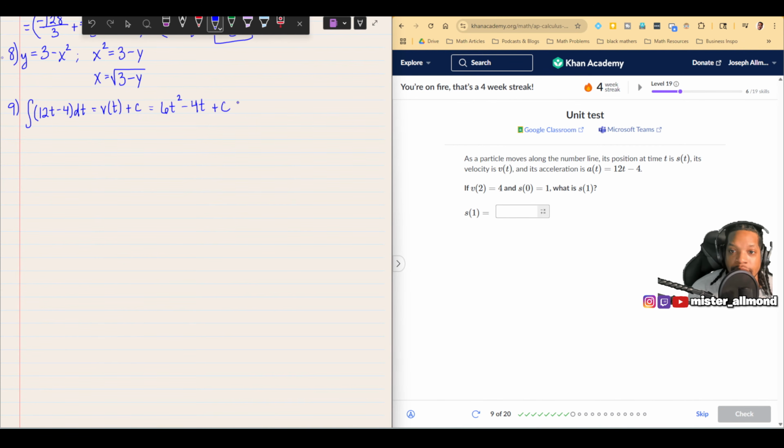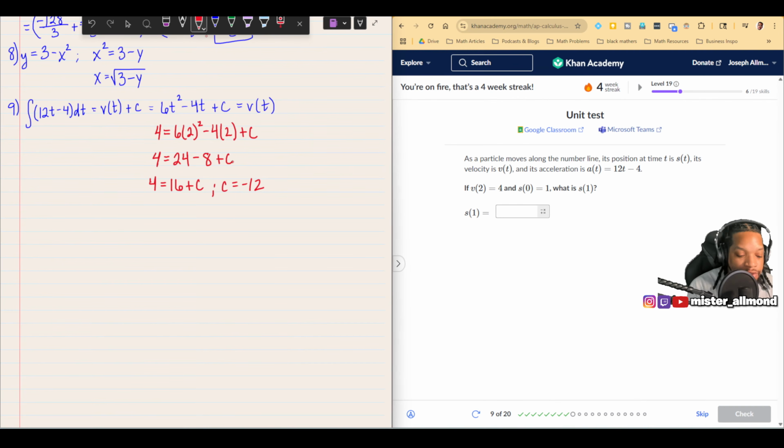I'm going to double check all that because I went through that way too fast for my personal liking. 24 minus 8 should be 16. I'm going to check just to make sure, because I do not need this being the reason why I missed one. And then 4 minus 16 is negative 12. Yes.